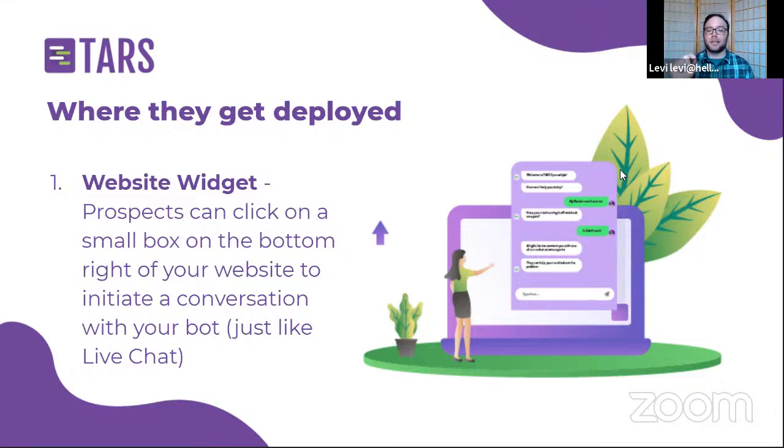So say you have 3 programs available on a page, and they click learn more on the top one, the chatbot can open and start talking to them about that program specifically to answer their questions. And it gives that much higher level of personalization. It definitely beats out taking somebody to a new page. That is a broken experience.